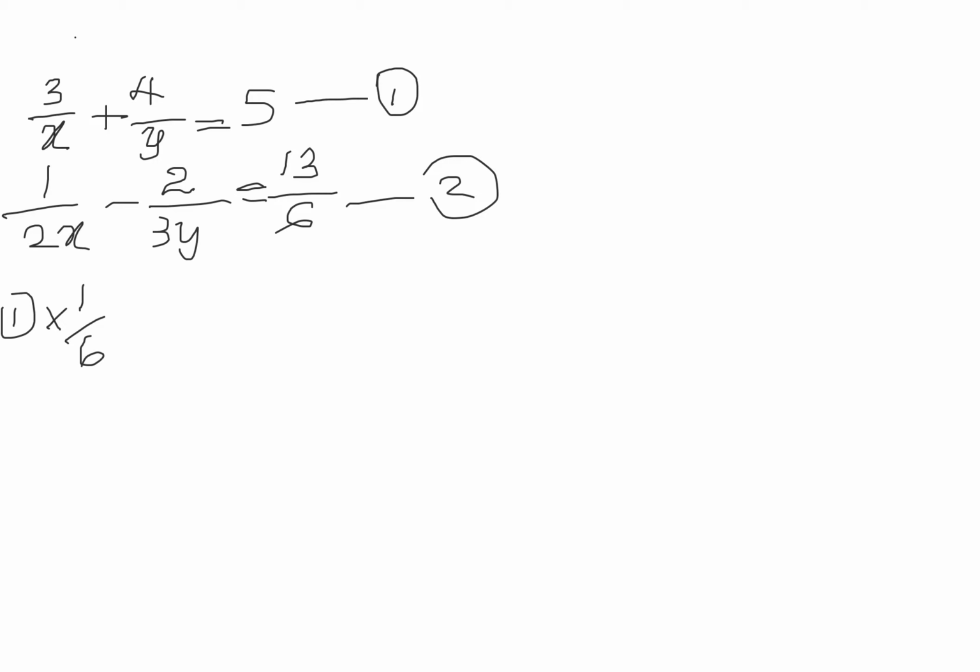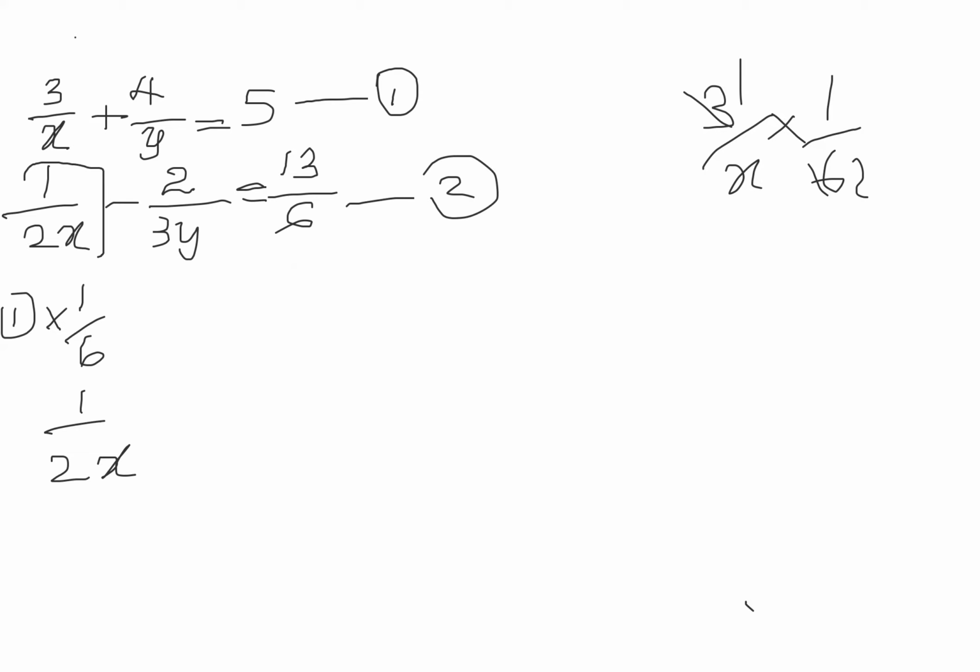And what is the value then? Here, 3x multiplied by 1/6, no? That means 1/2x. Now you can see the second equation's first term is equal to this one.